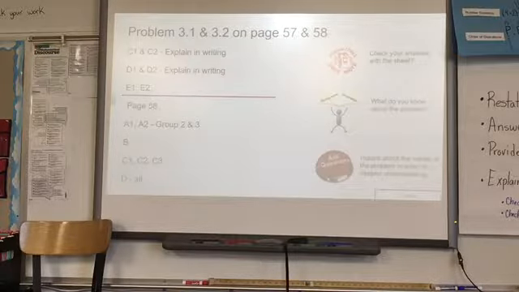No, those numbers mean something in the relay race. What could they mean? What would the negative 4 mean?